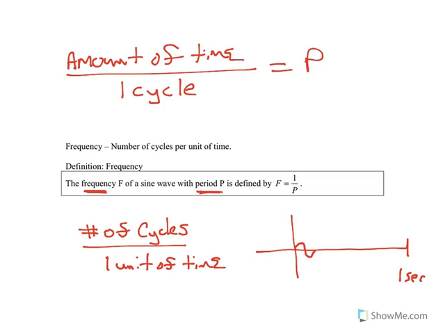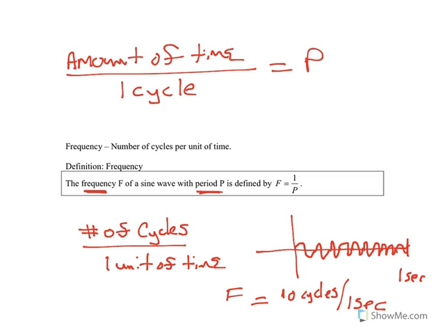If you can imagine, it went 1 cycle, 2 cycles, the 3rd cycle, 4th cycle, 5, 6, 7, 8, 9, 10. So in this case it went 10 cycles per 1 second. We would call that the frequency, 10 cycles per 1 second.